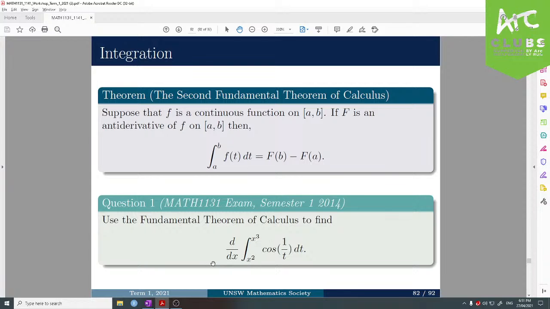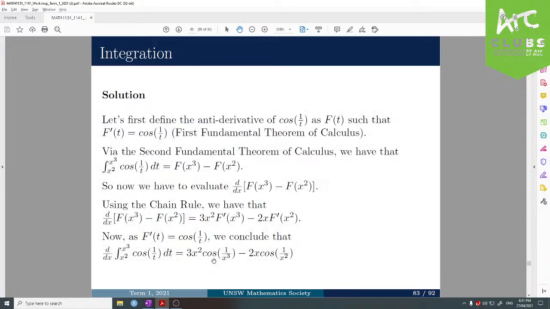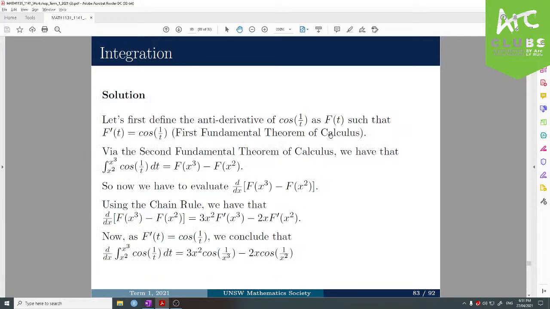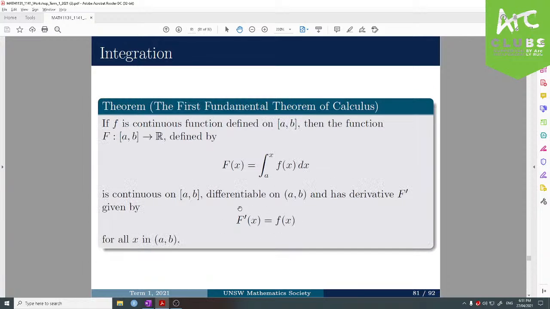The first step is to use the first fundamental theorem of calculus and to define this thing inside the integral here, cos(1/t), as the derivative of the capital F. So let's first define the antiderivative of cos(1/t) as capital F(t), such that when you differentiate capital F(t), you get cos(1/t), which is what this first theorem says.